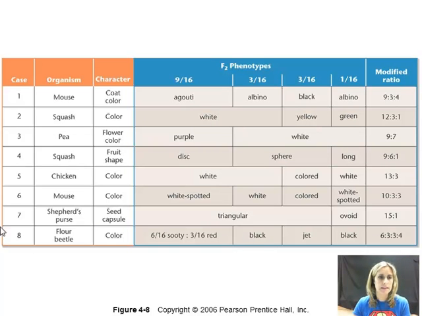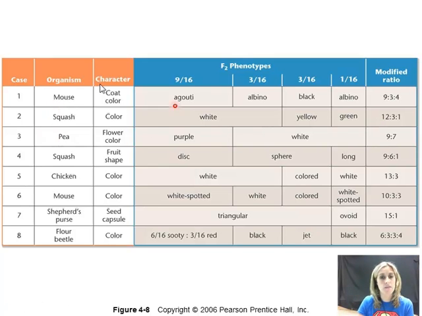It lists the different organisms and what character they're talking about, but it shows the ratio. It's different from the 9 to 3 to 3 to 1. This one's 9 to 3 to 4, and I think you'll see the 6 to 3 to 3 to 4 that we were just talking about today. When you see a ratio like this, it should give you a clue. And here are some nice examples that show you how they work.